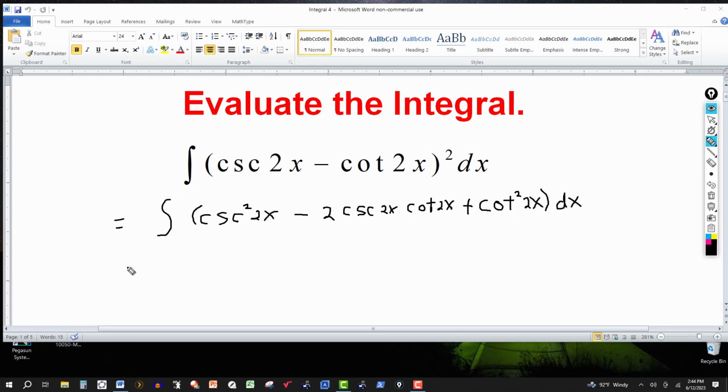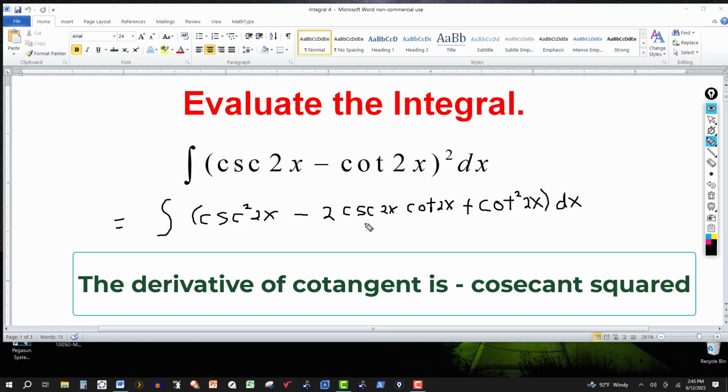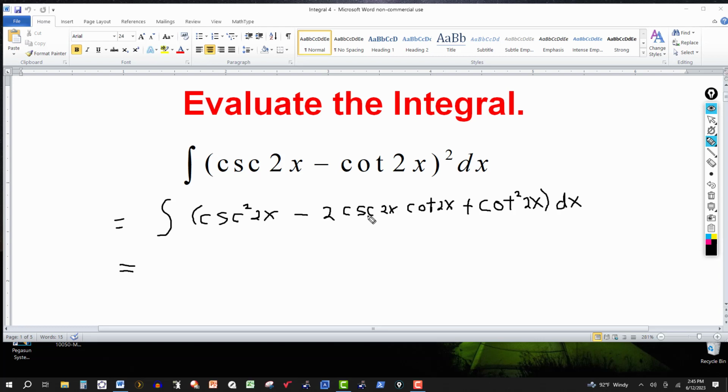So let's go term by term and try to integrate this. We know that the derivative of cotangent is minus cosecant squared. We know that the derivative of cosecant of an angle is minus cosecant cotangent. So we can integrate this one fairly easily.